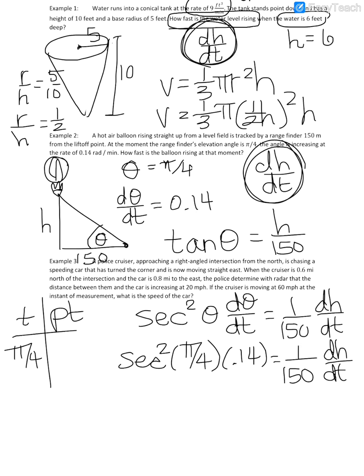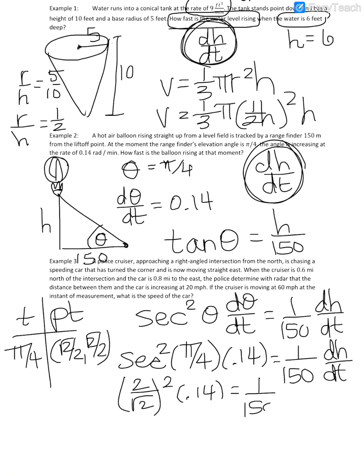At pi over 4, the point is radical 2 over 2, radical 2 over 2. Since it's secant, it's cosine, but the reciprocal. So it's going to be 2 over radical 2, squared. All right, when I square that, I get 4 over 2, which is 2.